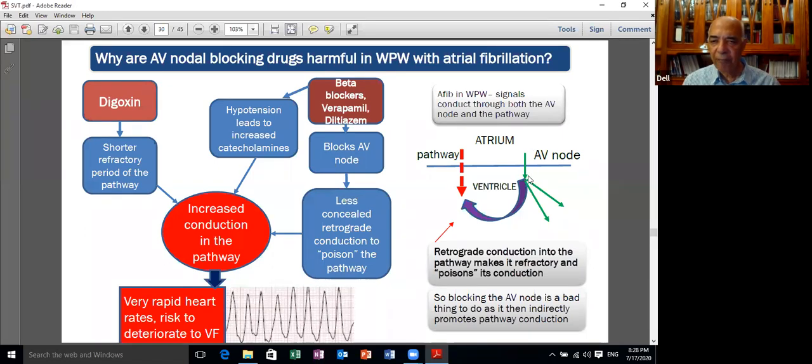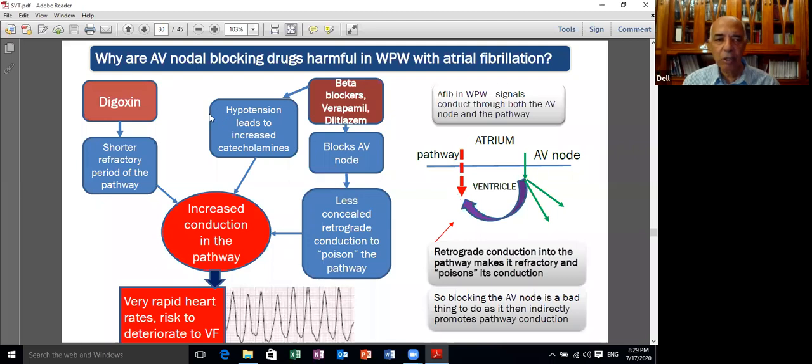If an impulse comes through the AV node, it goes retrogradely and poisons the accessory pathway, blocking the conduction through it. So if you block the AV node by diltiazem, verapamil, or beta blockers, you prevent this poisoning, and this facilitates the conduction across the accessory pathway.